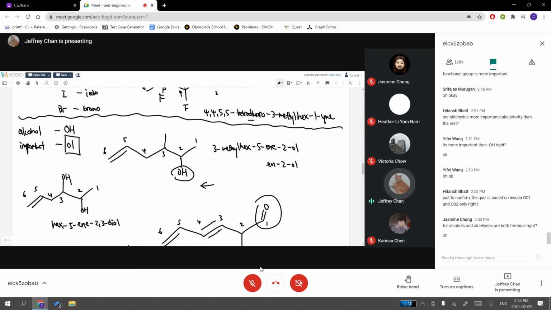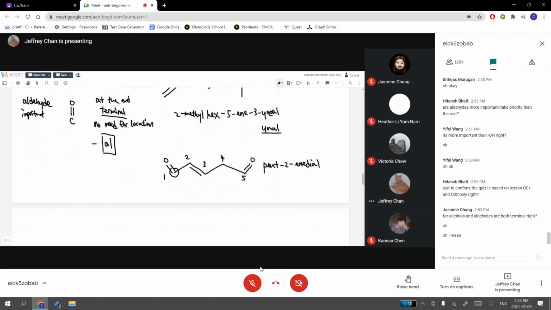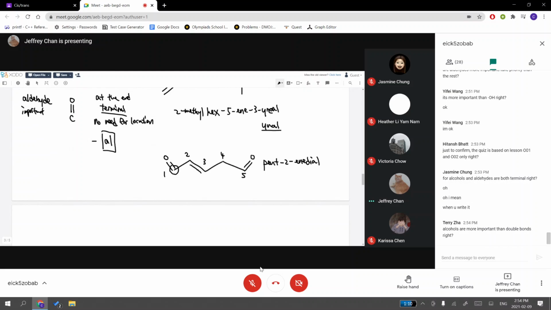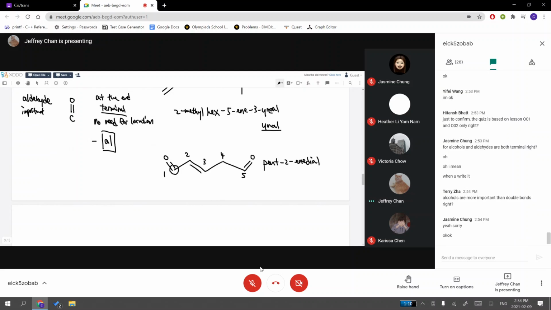The alcohol isn't terminal here. It's right in the middle of the carbon chain, right? Aldehydes have to be terminal. Has to be. Oh, you mean the suffix? It has to be the suffix, yes. For now. When you get to Bob, that's when it's going to change. So we're not there yet. But for now, it is the suffix. It is the ending.